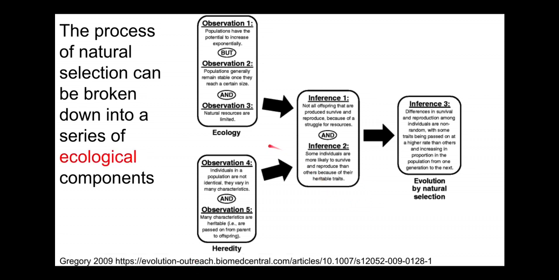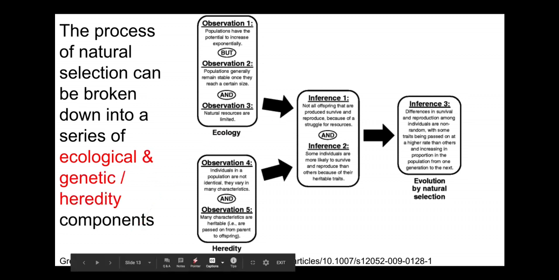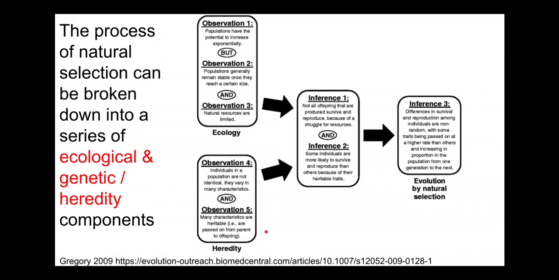There are a series of ecological observations, and then there's also a series of genetic observations. Now, Darwin didn't know the ins and outs of genetics, and Mendelian genetics was a long time coming after Darwin, but he had observations about how heredity worked and intuitions about how genetics worked.